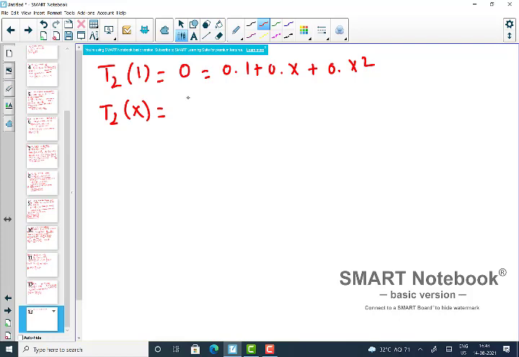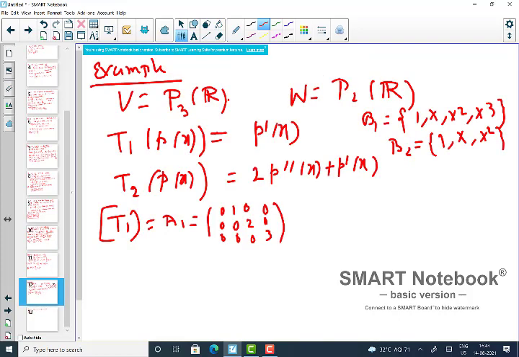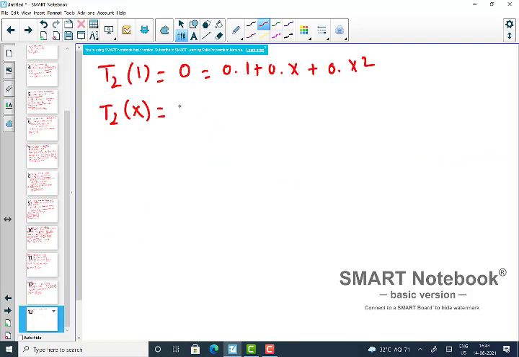That goes to 0 from the double derivative and 1 from the derivative, so this is 1 times 1, 0 times x, 0 times x square, right?